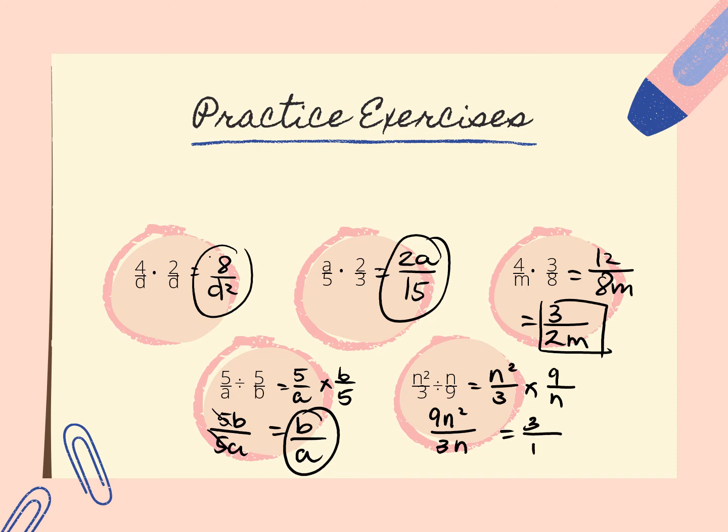And n squared over n will be n in the numerator, subtracting the exponents. So that will give us 3n. The denominator is only 1, so we can remove it and express it as a whole number. So that is the final answer.